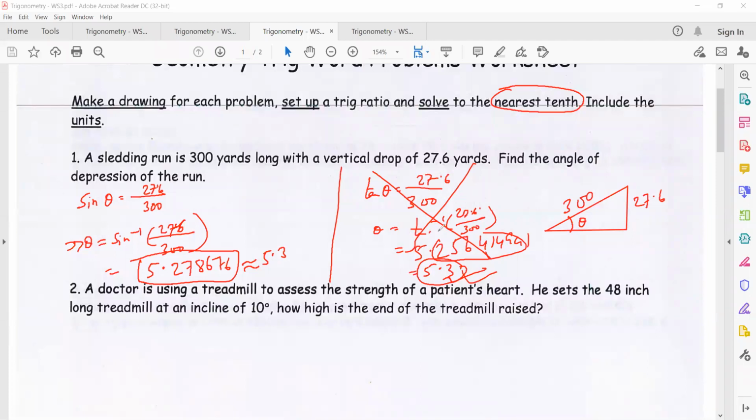The sledding run is 300 yards long. That means this is the sledding run. So this is 300 yards, and your answer will be 5.3 degrees here, not that answer. Ma'am, it is said depression angle. Yes, angle of depression.